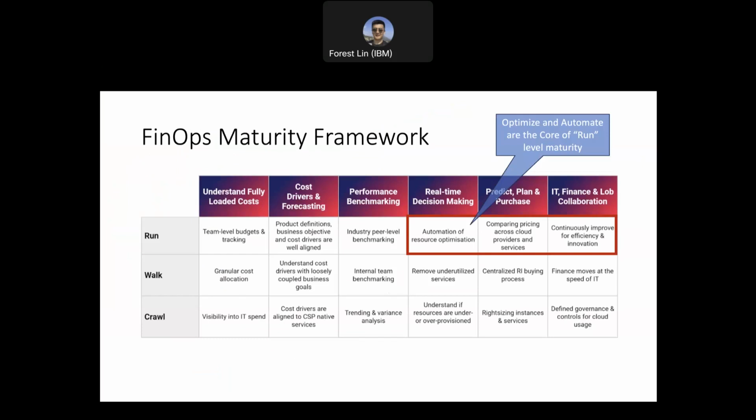The key difference I have highlighted is the automation of the resource optimization and the price optimization, and continuously improving for efficiency and innovation. So usage optimization, rate optimization, and continuous improvement in efficiency and innovation and automation.